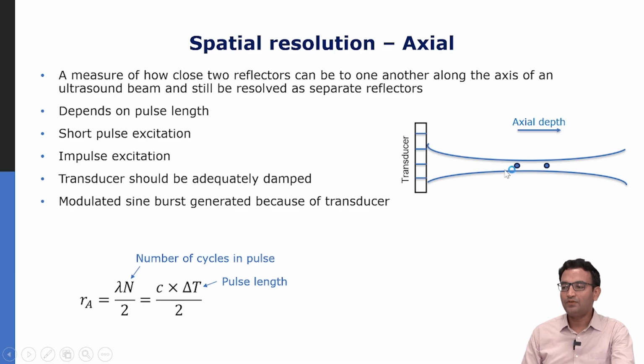Now, if the pulse length is very short, imagine in an ideal scenario, if the pulse is like an impulse with no width, then there will be very clear, distinct echoes coming from these two scatterers.